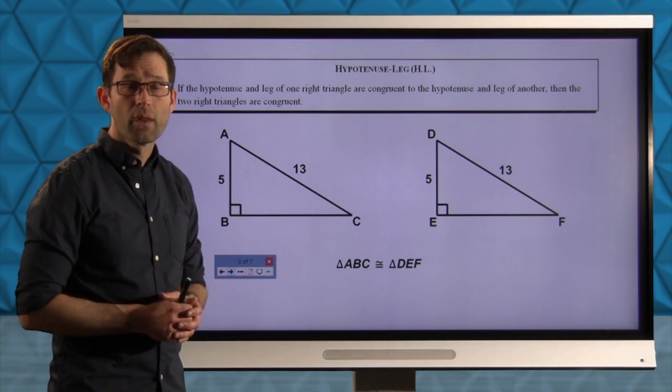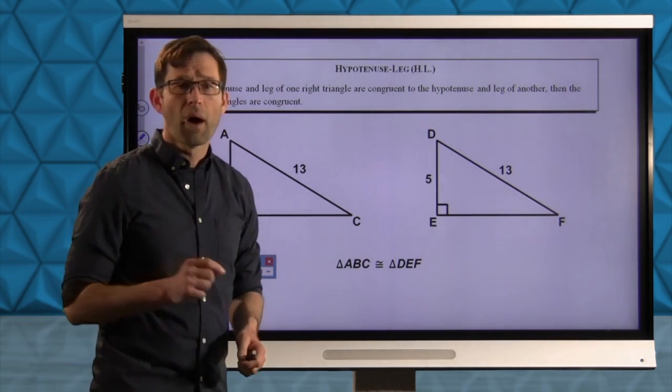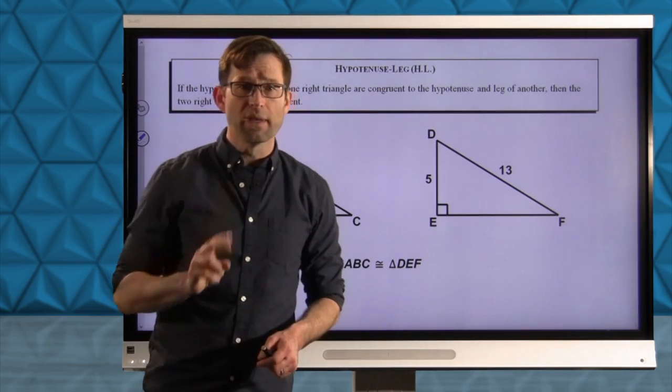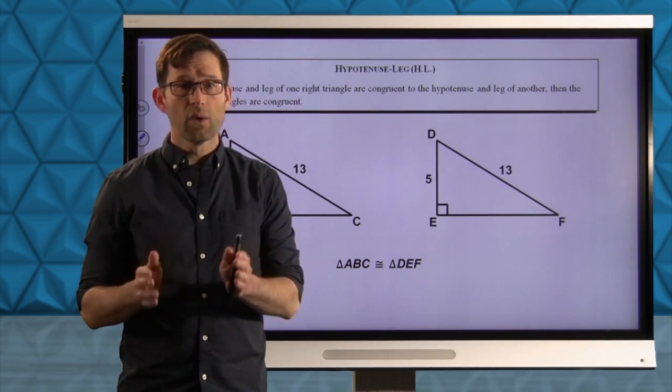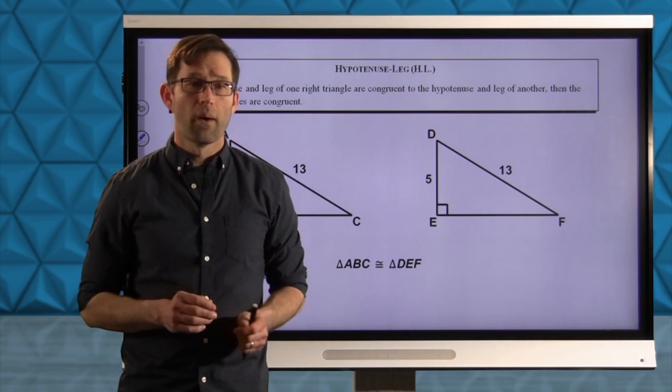They're identical. Now, it may seem that in hypotenuse leg, you only need two pieces of information: a leg equal to a leg and a hypotenuse equal to a hypotenuse.